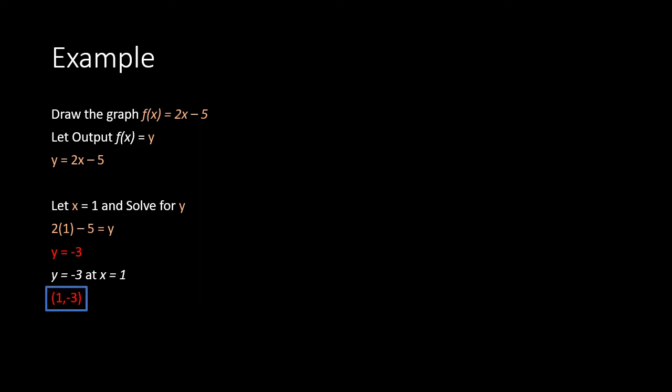Now let's take another case. Why are we taking another case? Because an infinite number of lines can pass through one point. You must have learned that in your previous grades. So for a particular line, we need a minimum of 2 points. So let's assume another value of x, say x equals 0. 0 is a real number, so it's fine. And then solve for y.